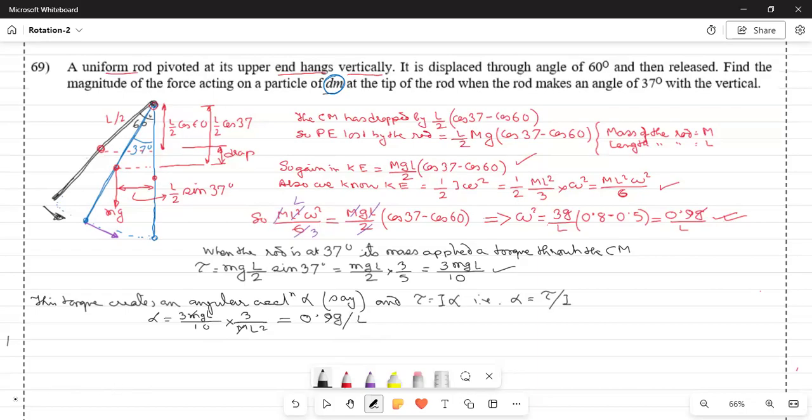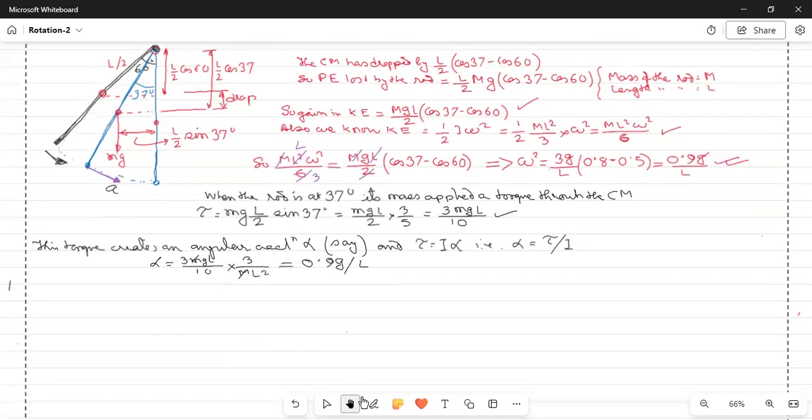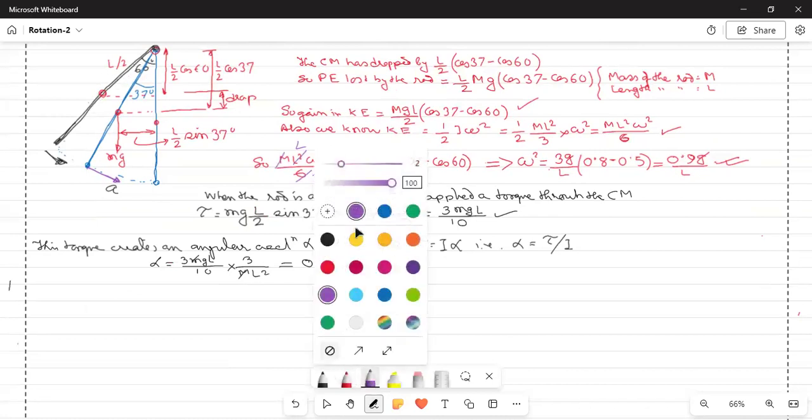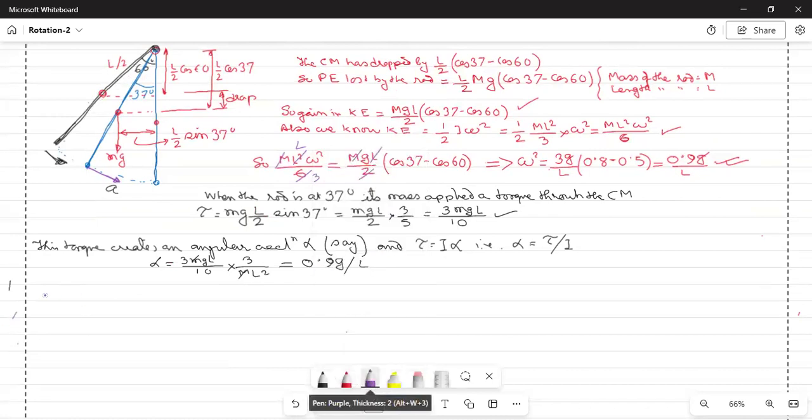Once we have angular acceleration, we can find out the tangential acceleration, say A, of the particle dm.